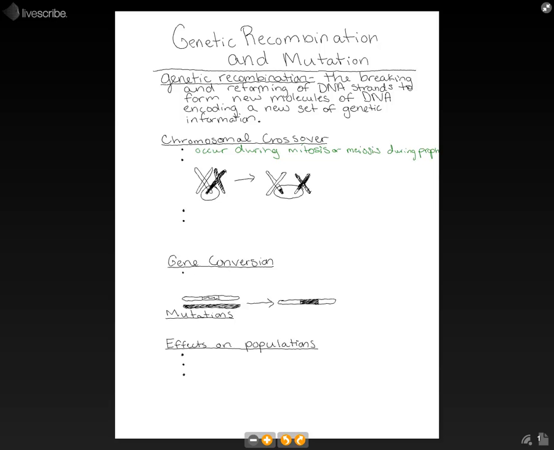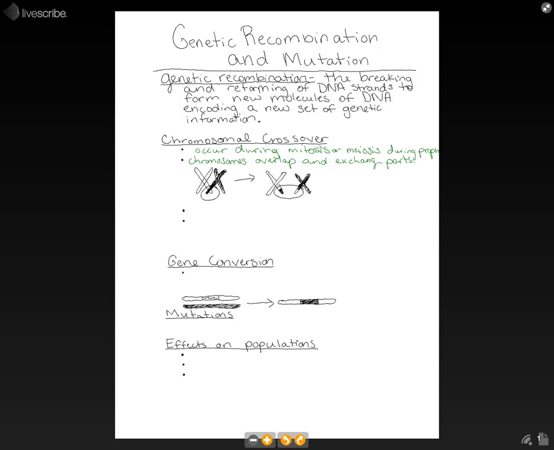And what's going to happen is our chromosomes overlap and exchange parts. So below you can see that we have two chromosomes next to each other here, and those legs that are crossing can break off and reattach to the opposite set of chromosomes.